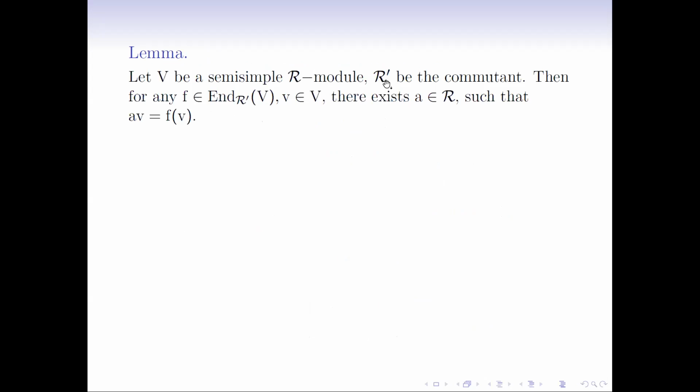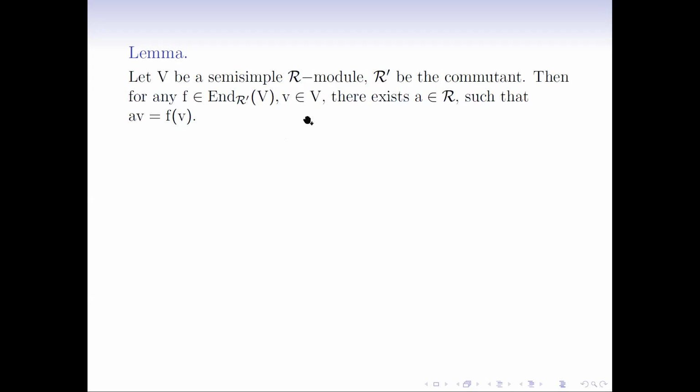So R prime is all endomorphisms, all linear maps from V to V, which commute with the action of R. Then for any f from endomorphisms over R prime of V, so for any linear map which now commutes with R prime, and any vector v in V capital, there exists an element a in R such that a v equals f v.